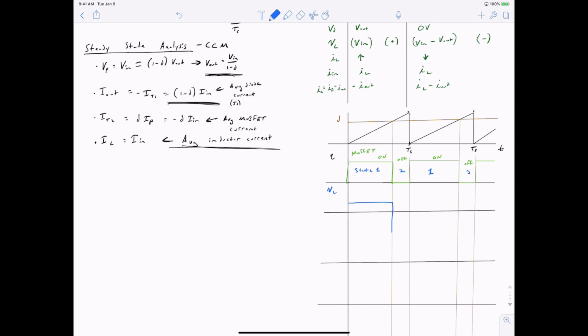And when we're in state 2, our inductor voltage is equal to our input voltage minus our output voltage. And our inductor current has an average value equal to the average of our input current. And in state 1, the inductor current is increasing.